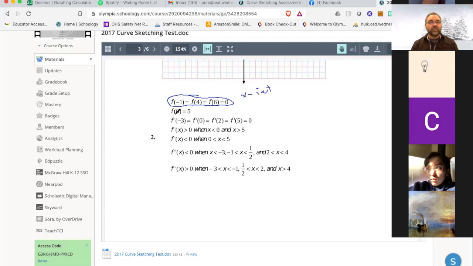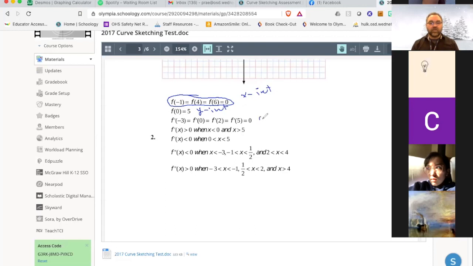Okay. f(0) is 5. That's a y-intercept. And let's see. f'(-3) equals f'(0) equals f'(2) equals f'(5). Those all equal 0.